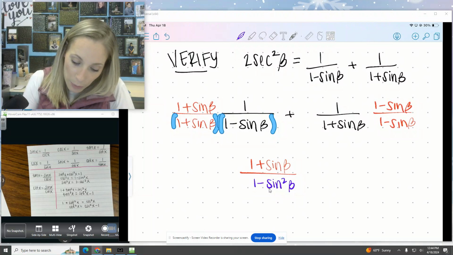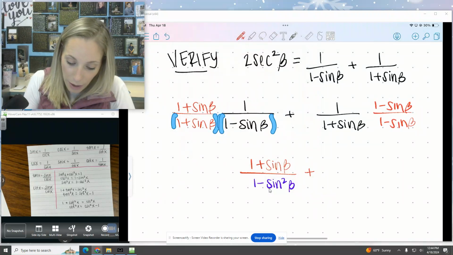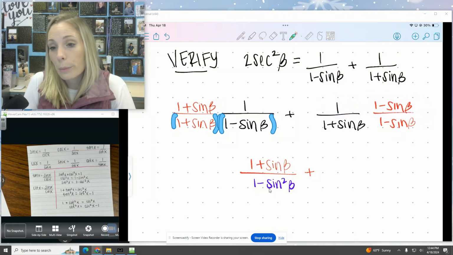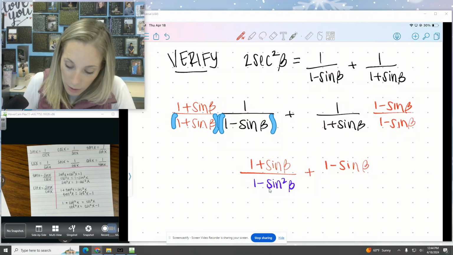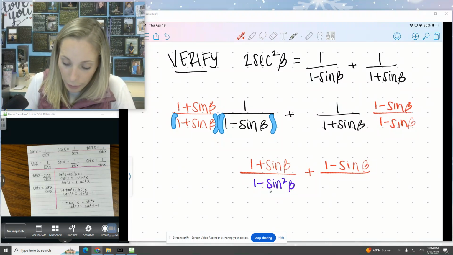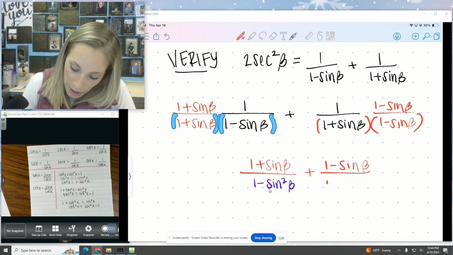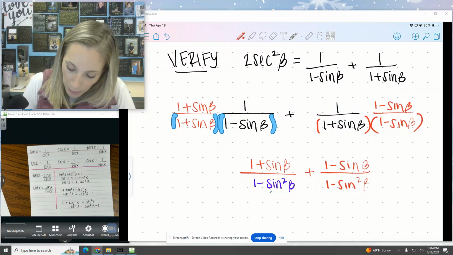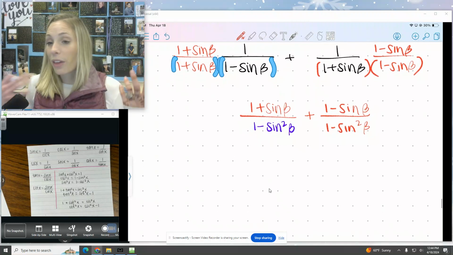Okay, so now we're going to go on to our other side. And the other side, now we're going to start with 1 minus sine of beta times 1. Well, anything times 1 is itself, so this is 1 minus sine of beta. And that's all going to be over, again, this is a difference of squares, and it should be 1 minus sine squared of beta. Okay, this is perfect.